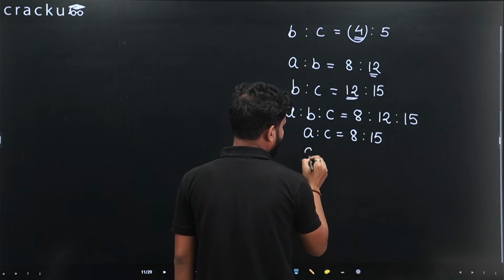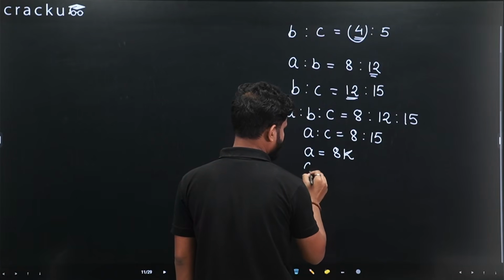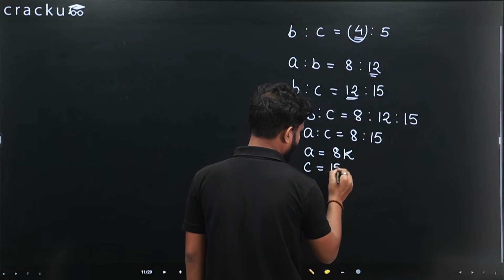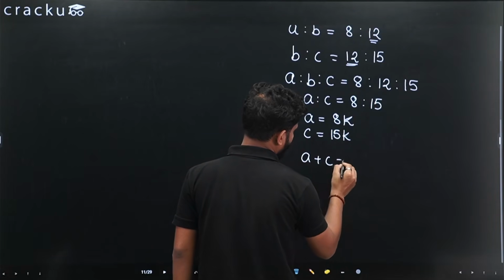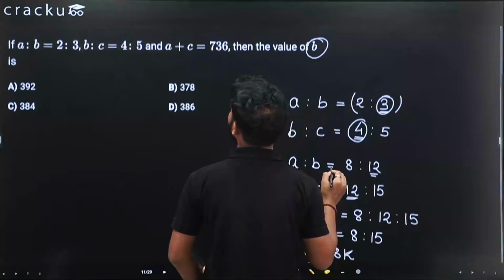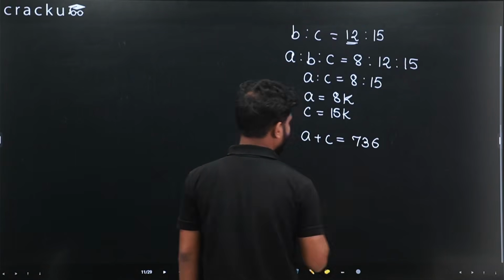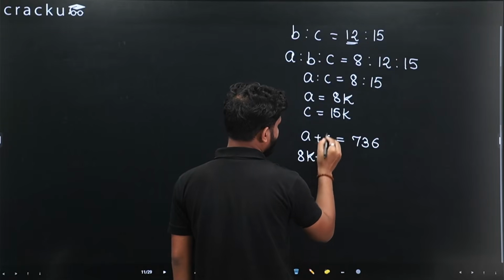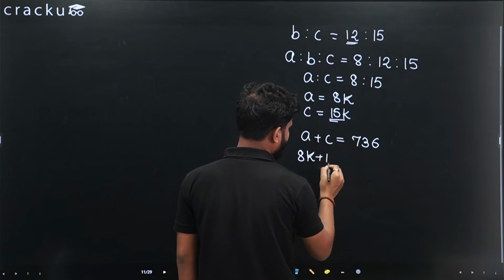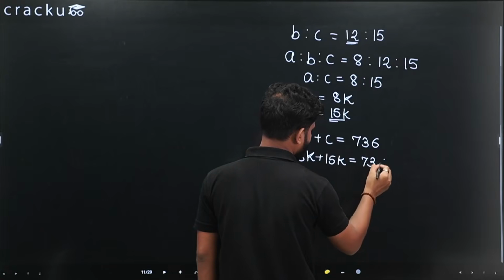We get A is equal to, let us say, 8k and C is equal to, let us say, 15k. We have been given A plus C as 736. A is 8k plus C is 15k is equal to 736.